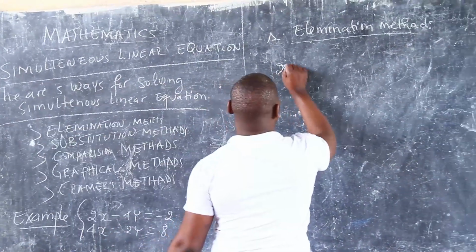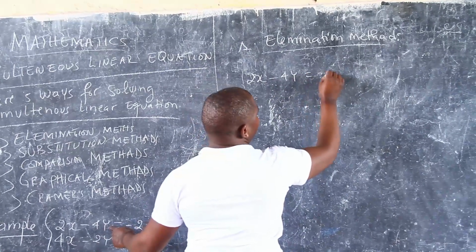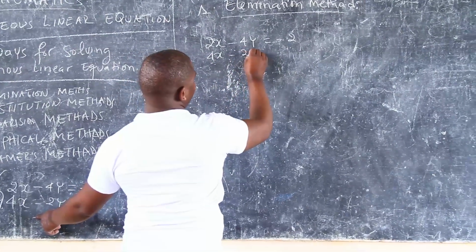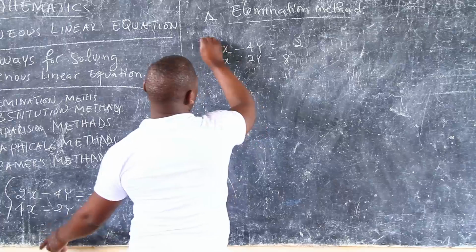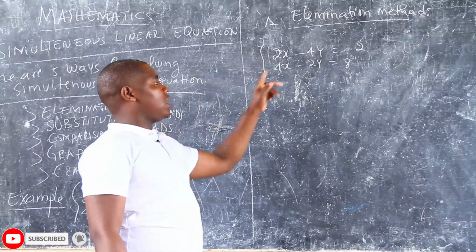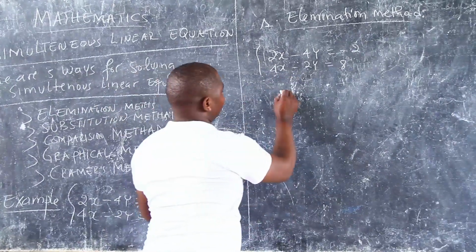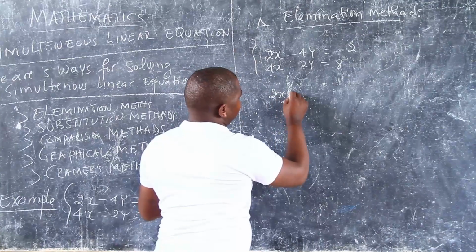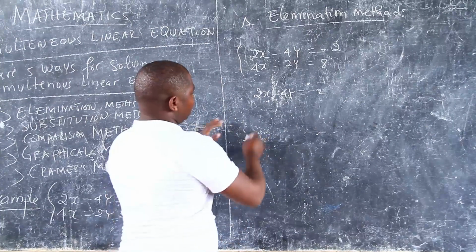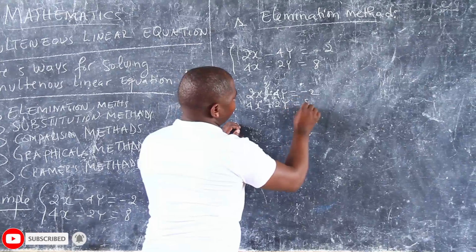Let's take 2x minus 4y equal to negative 2, and 4x minus 2y equal to 8.